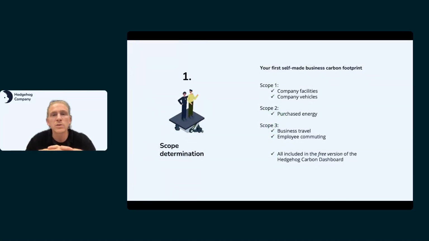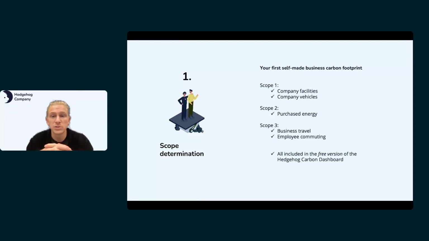We are here, of course, to support you in your first self-made business carbon footprint with our Hedgehog Carbon Dashboard. To facilitate this process, we have made a list of emission sources that everyone must include in their first business carbon footprint. These are, of course, all scope 1 emissions, all scope 2 emissions, and then, to support at least all the service organizations, also business travel and employee commuting.